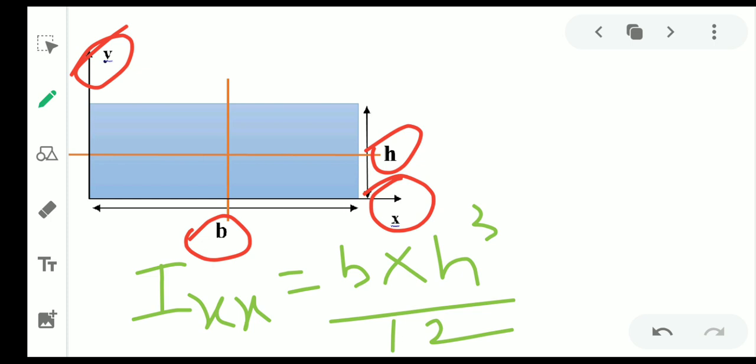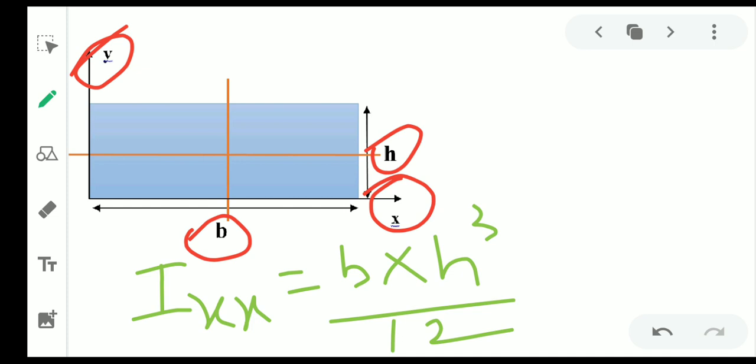How do we calculate the moment of inertia of this particular rectangular section? We are here calculating the moment of inertia about the centroidal axis of this section. Already I told you in the centroid part, and I will give the link in the description, how to calculate the centroid. If you haven't gone through those videos, you can easily see them and understand.